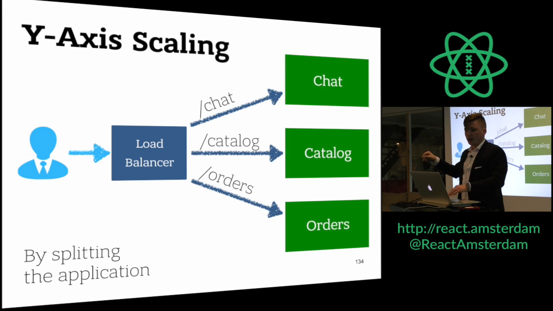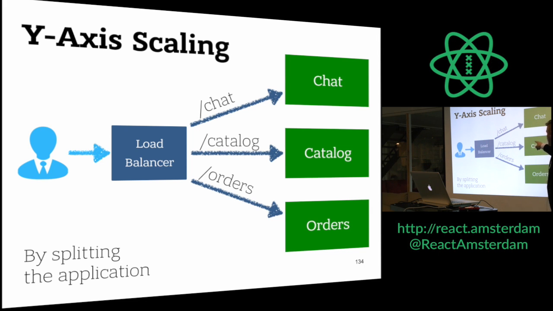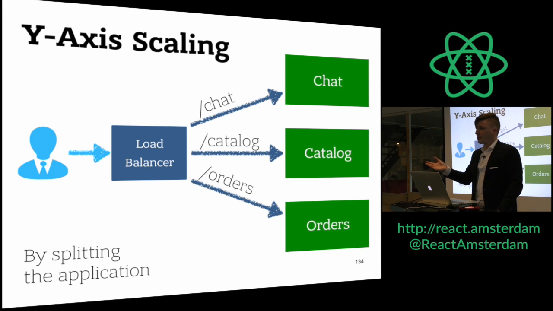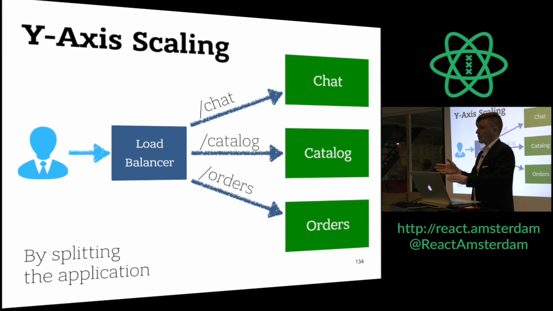Also we can do Y scaling, which means splitting our application by function. For example, we can extract things like catalog, orders, and chats into separate servers or separate services, and we can balance load traffic between these parts.